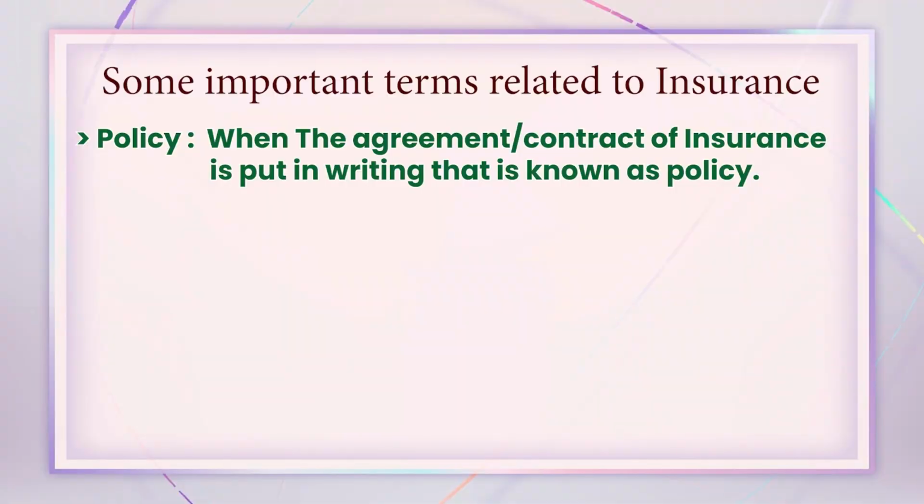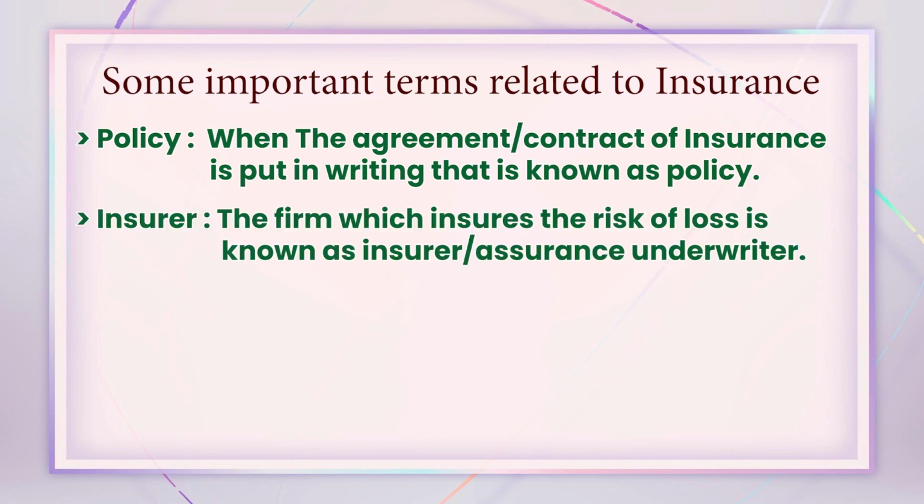Now, we will discuss some important terms of insurance that are as follows. Number 1 is policy. When the agreement or contract of insurance is put in writing, that is known as policy. Second is insurer, the firm which insures the risk of loss is known as insurer or assurance underwriter.